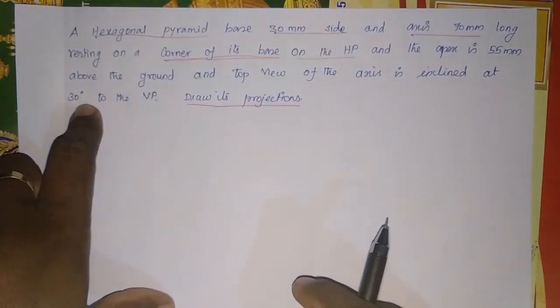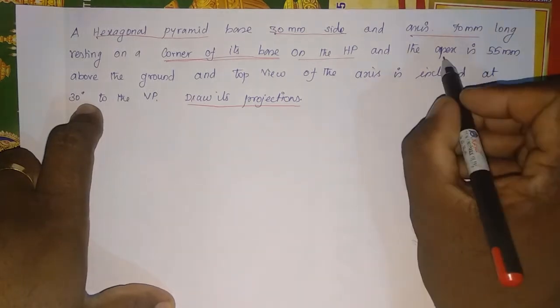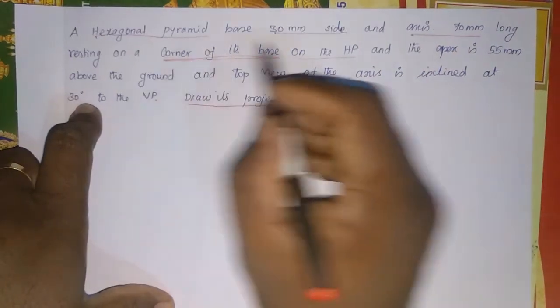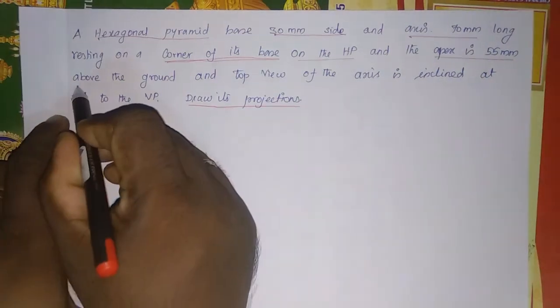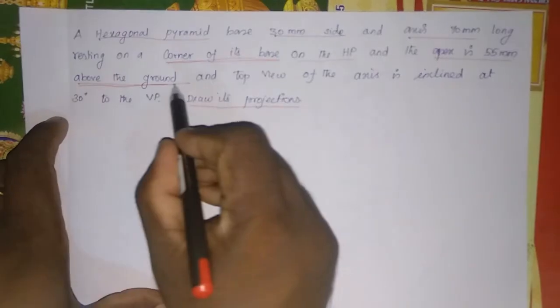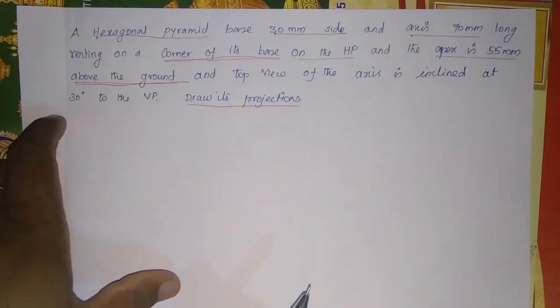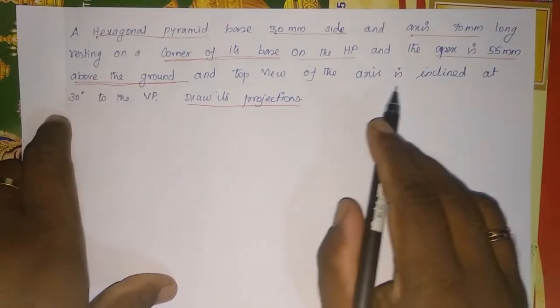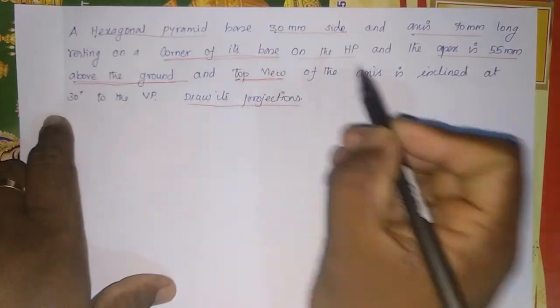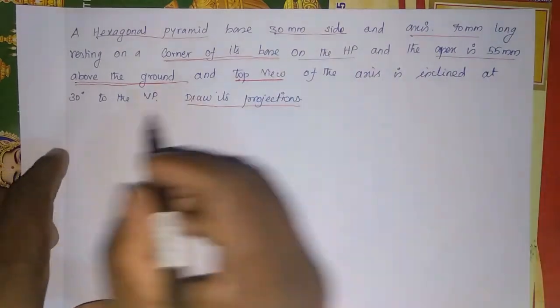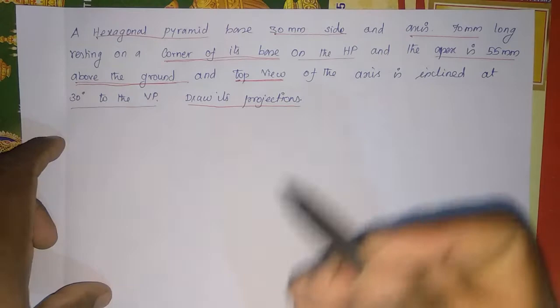Another condition is given: the apex, meaning the peak of the pyramid, is 55 mm above the ground level. And the top view of the axis is inclined at 30 degrees to the VP.